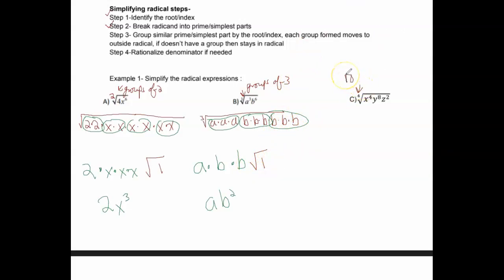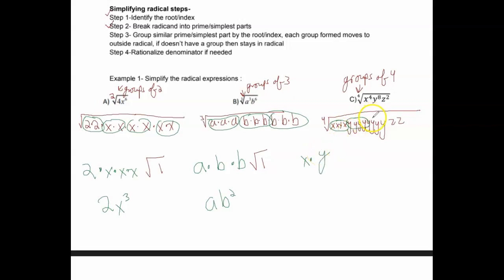So this is root, or groups of 4. So I want 4 x's, 8 y's, and 2 z's. Now I'm trying to group things by 4's. So I have one group of x's that gets to come to the outside of the radical, or radicand.